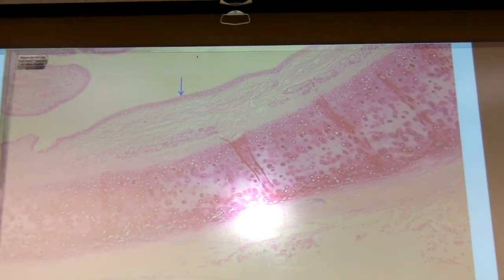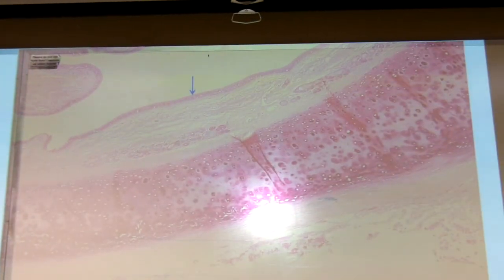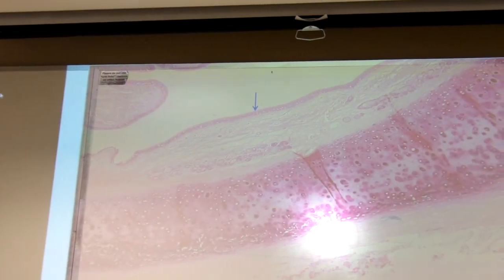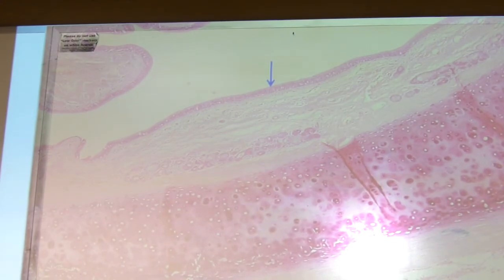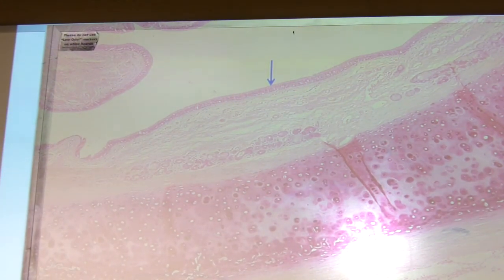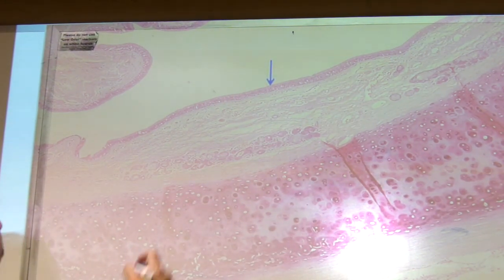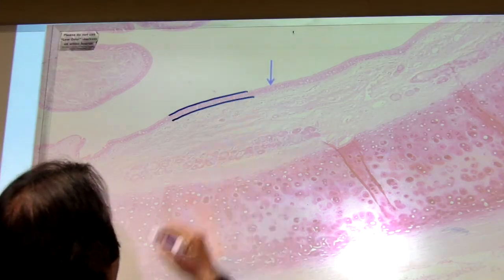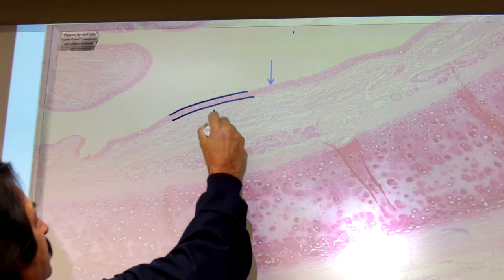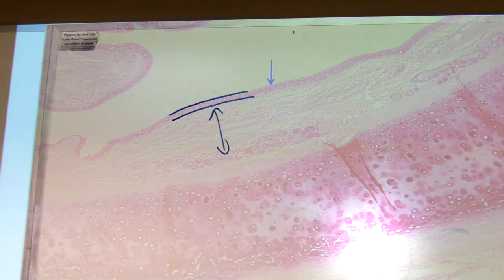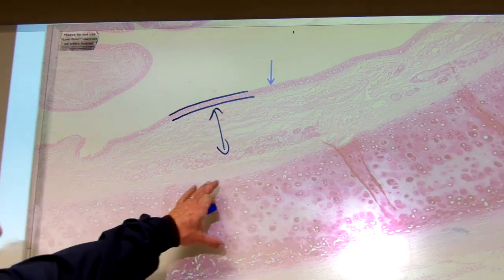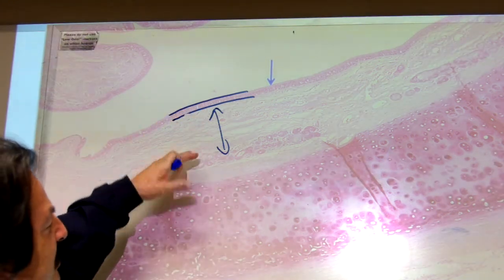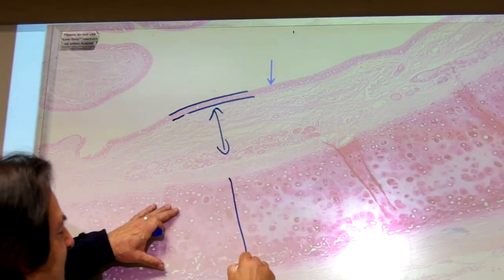I'm going to point and zoom in to where we need to be. All right, so you see that little arrow? This little band right here is our epithelium. What's all this? That's right, connective tissue. In fact, this connective tissue looks squeezy, like it could be squeezed, but what about this connective tissue right here?